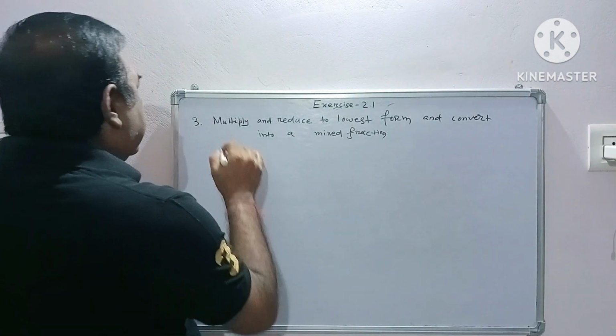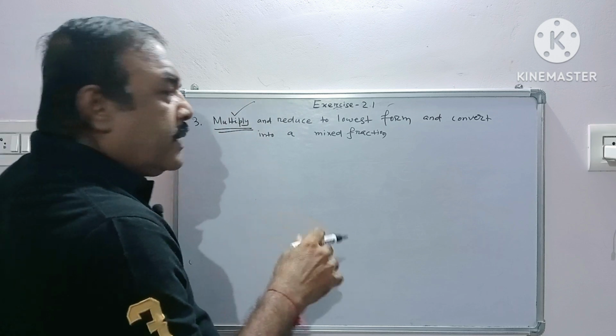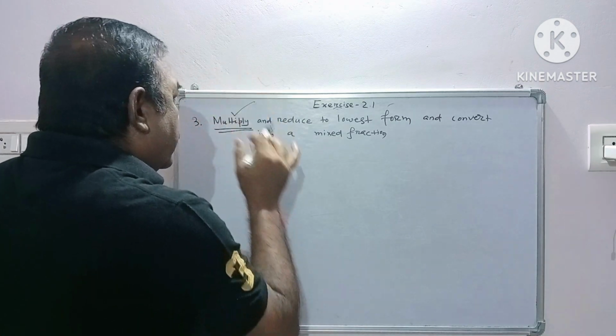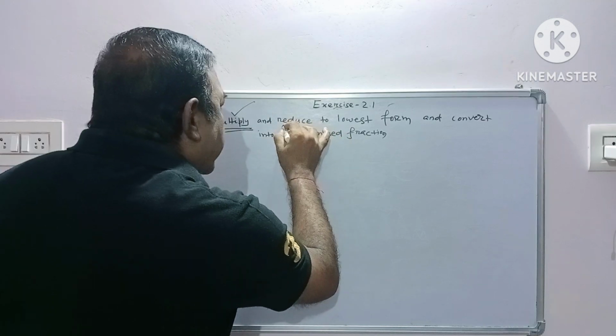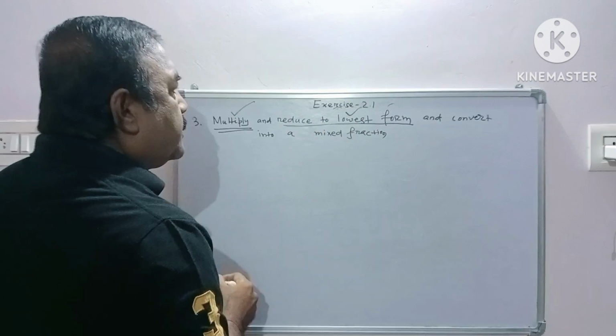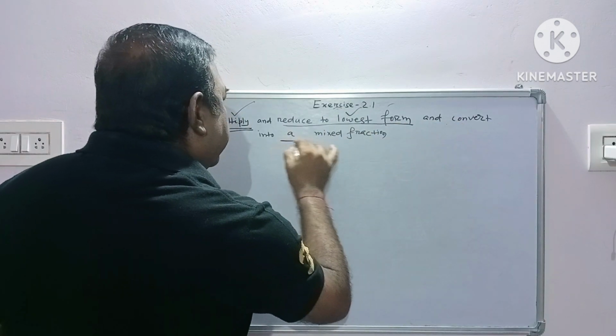You see, first we will have to multiply. So after multiplication, what we got? The product we have to reduce to lowest form. This is the second one we will have to do. And if required, we will have to convert into a mixed fraction.